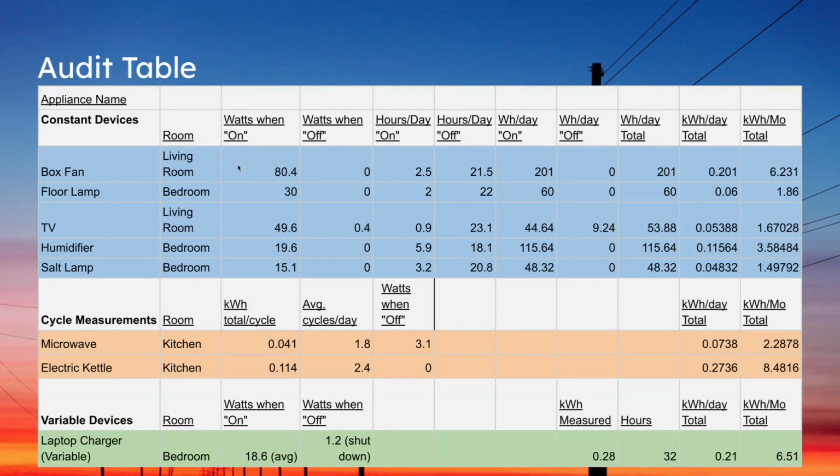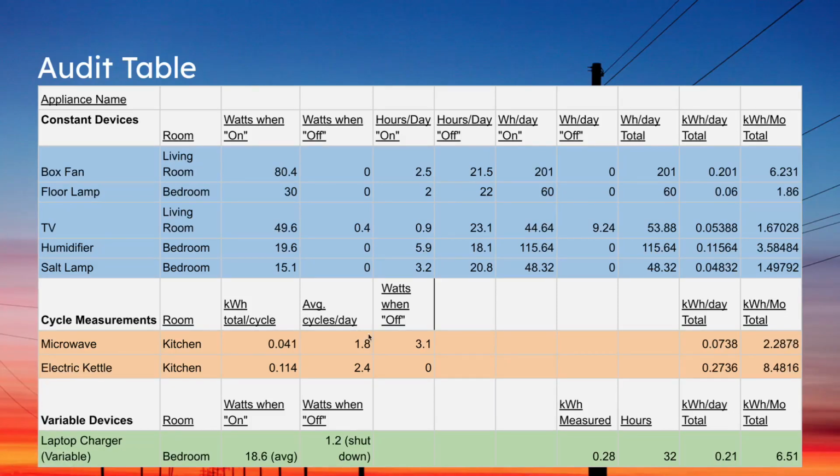So here's the list from the audit table. Basically, to calculate the electricity usage for the constant devices, I simply took how many watts of energy the device used when it was on, multiplied by the amount of hours that it was on per day to get the total watt hours a day, and then converted that into kilowatt hours a day to get the totals for each month.